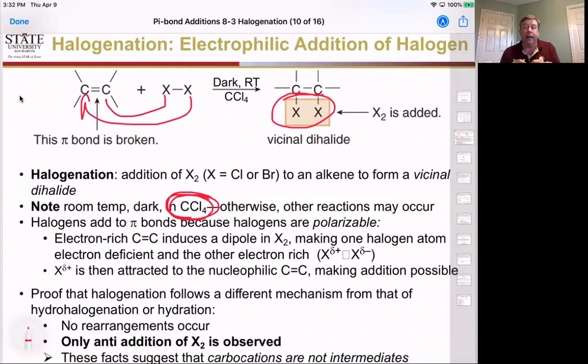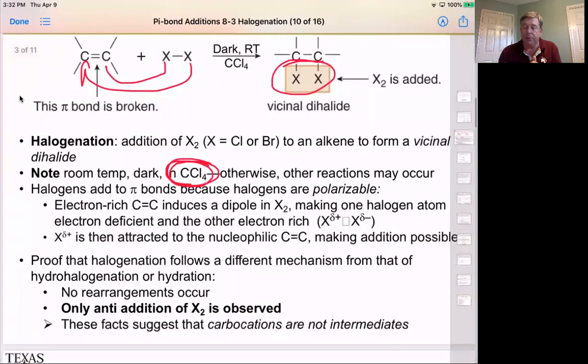Now, the proof we have that the halogen does this is that we have a different mechanism than we have before, and we do not get any carbocation rearrangements, which means we don't go through a carbocation. We only get anti-addition of the halogens across there, okay? So that proves to us that we do not have a carbocation intermediate, but we do have a cation intermediate.